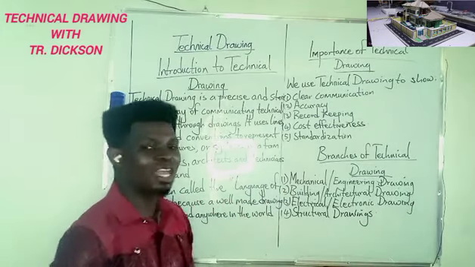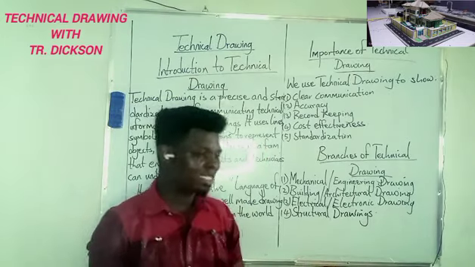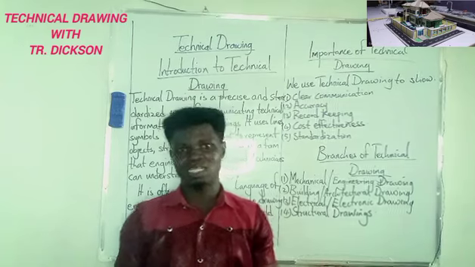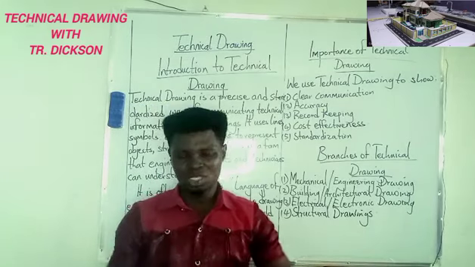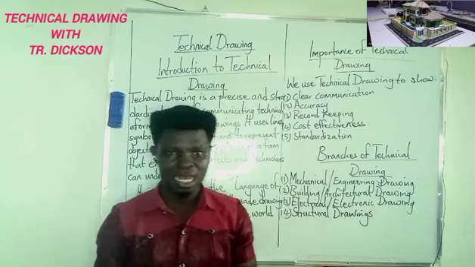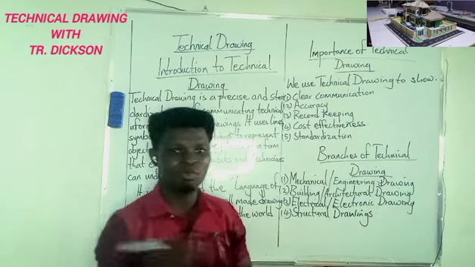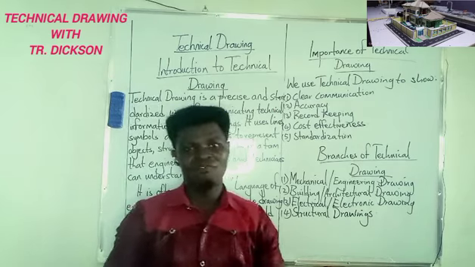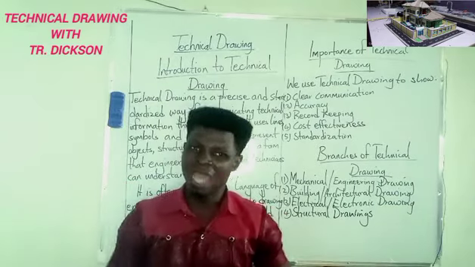The next one we have here is that it shows cost effectiveness. How do we mean? For example, let me still use a plastic seat. If I intend producing a plastic seat, and I just carry the plastic materials, and begin to maybe melt and whatever I will need to do, and then I fabricate, there is that tendency that what I'm doing will not be accurate. That's number 1.